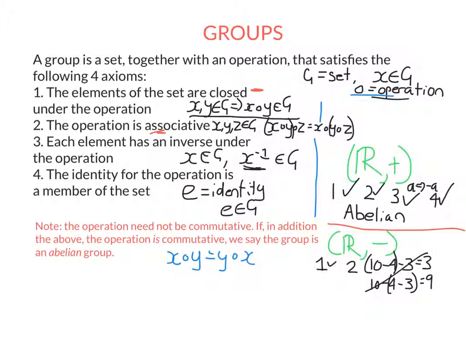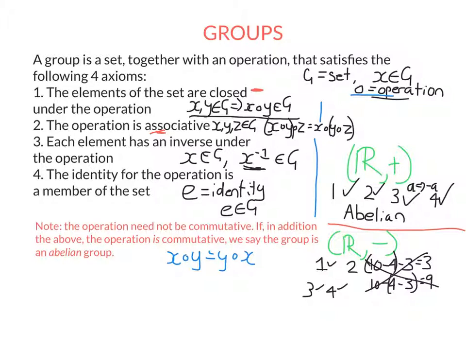Subtraction is not associative. It turns out the third and the fourth axioms are satisfied. Each element does have an inverse under subtraction, and the identity for subtraction is the same as the identity for addition, which is 0. That's a real number. But because just one of the axioms is not satisfied, it is not a group.